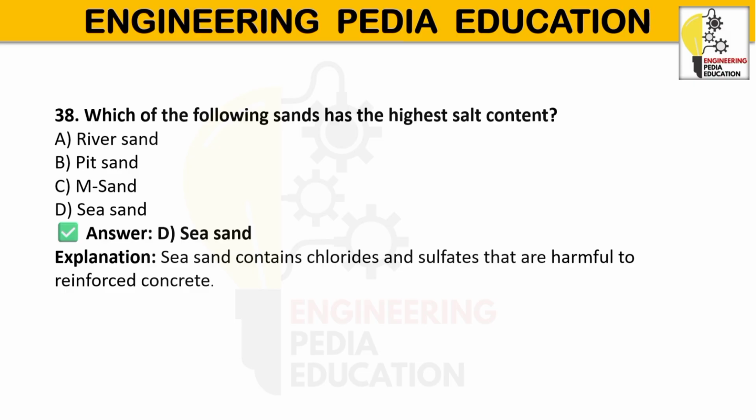High salt content in sand is harmful for concrete, especially RCC, as it causes corrosion of reinforcement steel, leads to efflorescence, white salt deposit on surface, reduces durability of concrete, and sulfate may attack cement paste and cause deterioration. What is the common source? The common source is sea sand.